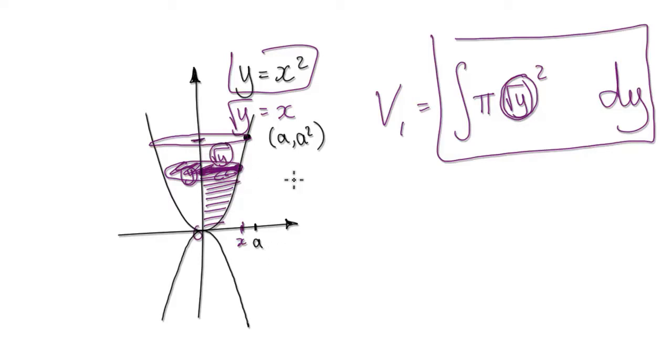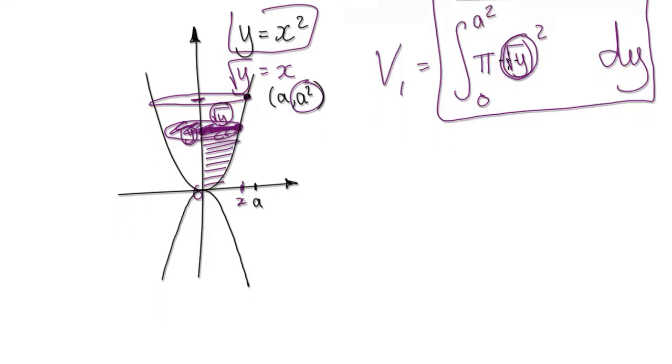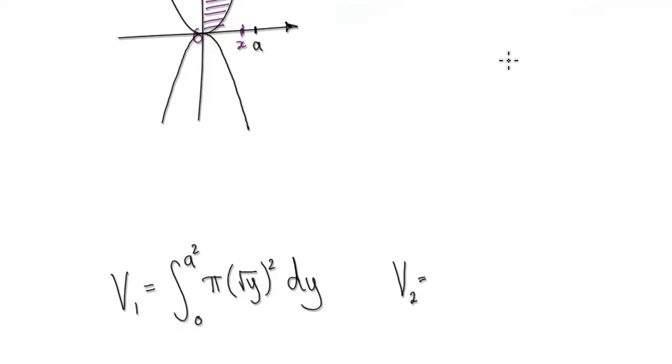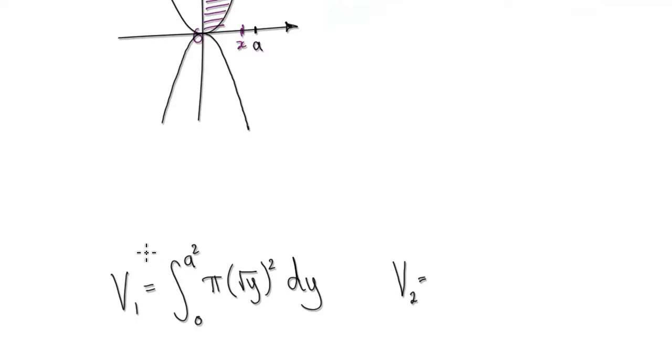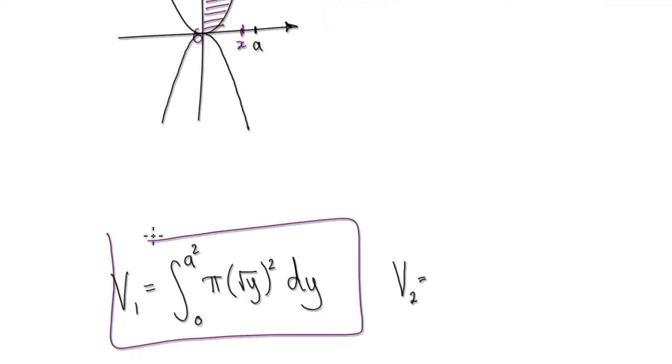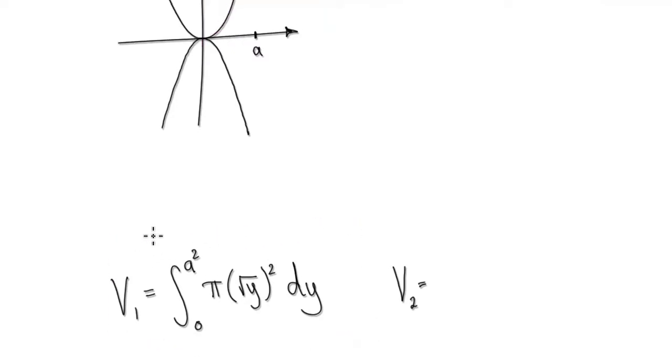This height here is given by a squared, so from 0 to a squared. So V1 is given by this, and now let's work out V2.